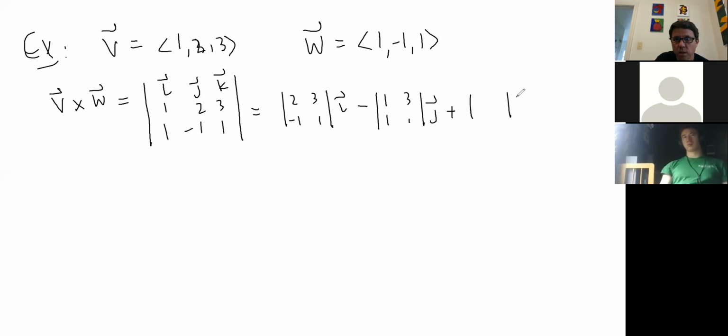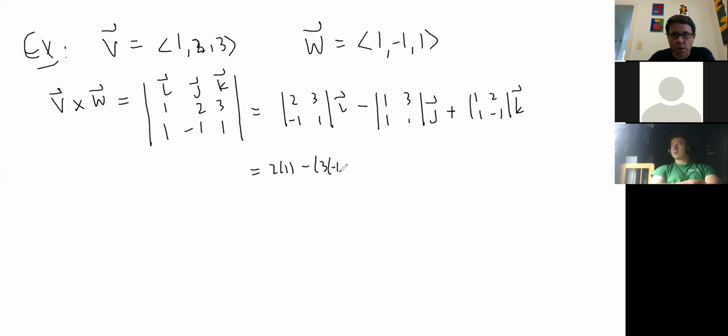And the same thing for k. Cross out all this stuff, I get 1, 2, 1, minus 1. And if you had 103, good luck. If you haven't, then this symbol right here just means to cross multiply and cross multiply back the other direction and subtract those answers. So 2 times 1 minus 3 times minus 1.